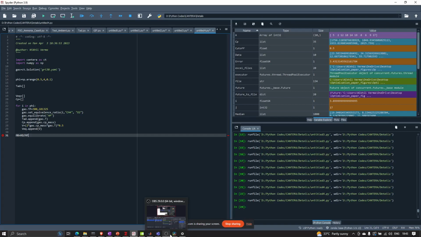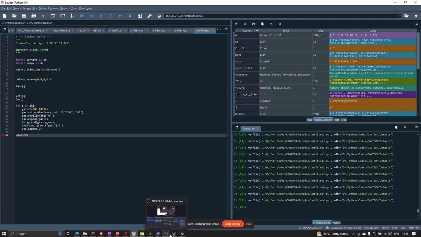It is the mass of the fuel divided by the mass of the oxidizer, divided by the mass of the fuel by the mass of the oxidizer at stoichiometric condition, right? So we have methane and oxygen. It reacts to give CO2 and H2O, right? If you balance this, you will get 2 on this side.